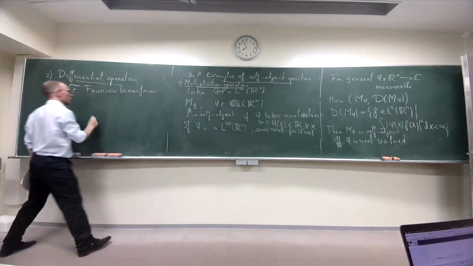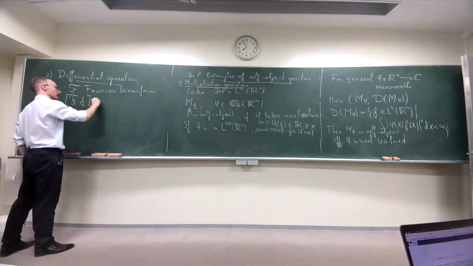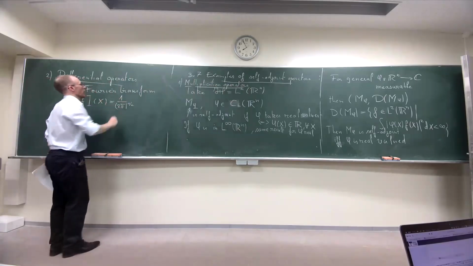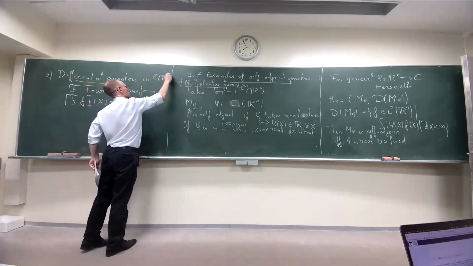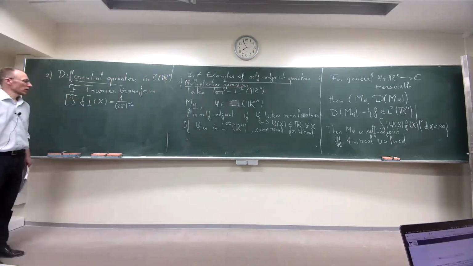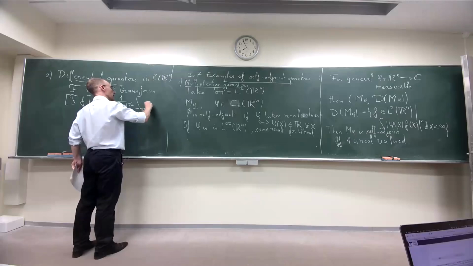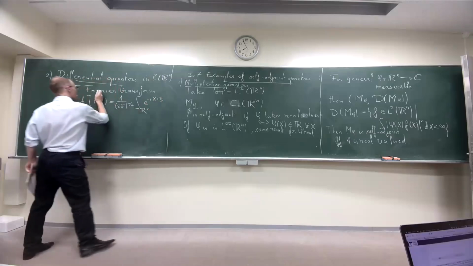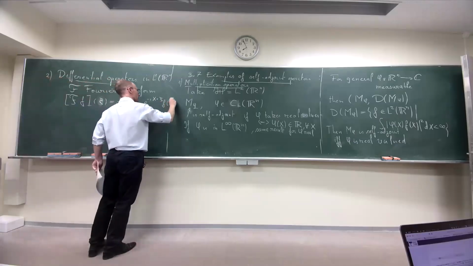Let me just recall the formula: the Fourier transform of f evaluated at xi is 1 over 2 pi to the n over 2, I'm still in L2 of Rn, the integral over Rn of e to the minus i x xi, f of x dx.